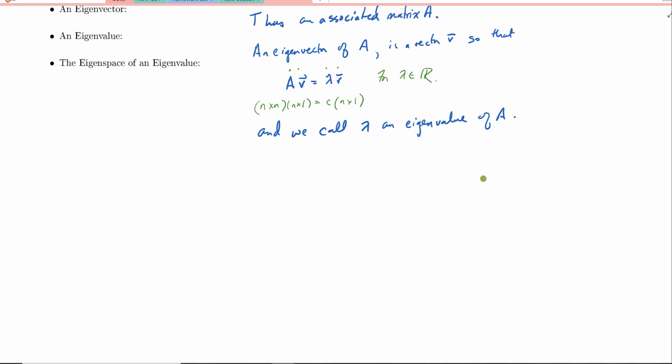The last thing I want to go into is what is the eigenspace of an eigenvalue. So let lambda be an eigenvalue associated with a linear transformation. We can associate an eigenvalue or an eigenvector either with the transformation or with its associated matrix.